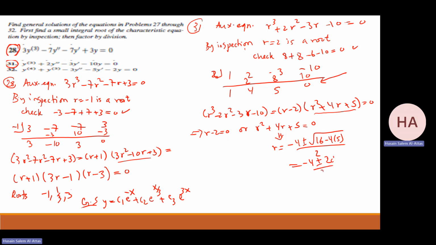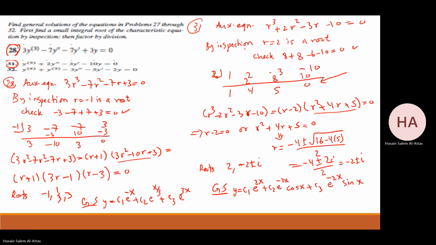So that will be 2i over 2, minus 2 plus or minus i. So roots are 2 and minus 2 plus or minus i. General solution. Yeah. Y will be C1 e^(2x) plus C2 e^(-2x) cosine x plus C3 e^(-2x) sine x. Yeah. I need one more page.